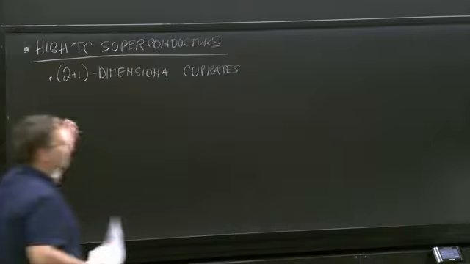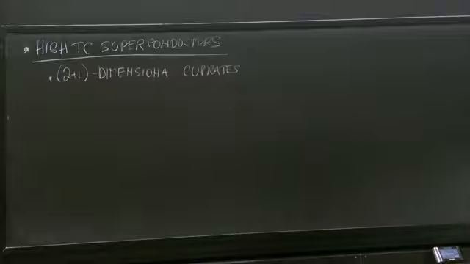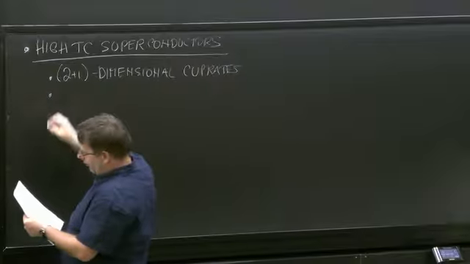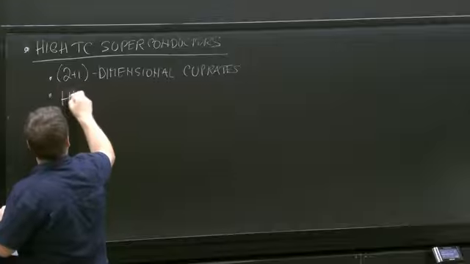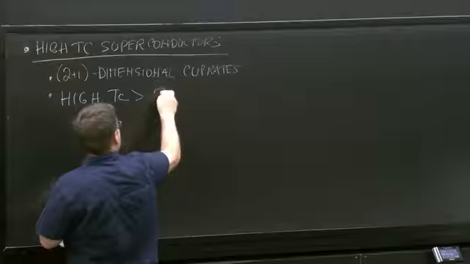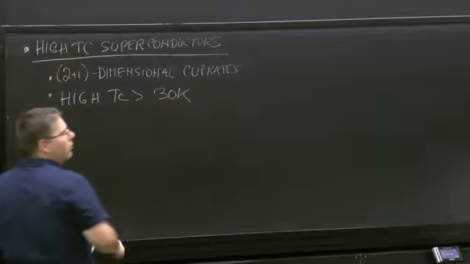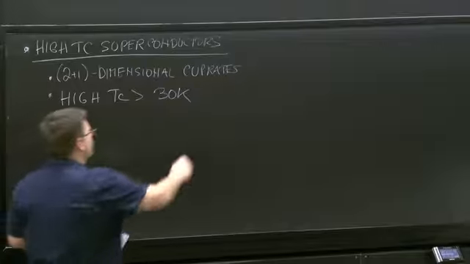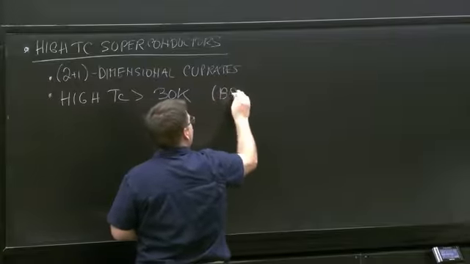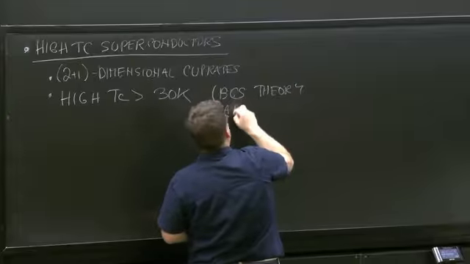But these things have 100 Kelvin, and they can have almost room temperature superconductivity. These are cuprates, and they have high T_C, which is actually bigger than 30 Kelvin, for which BCS theory cannot describe.